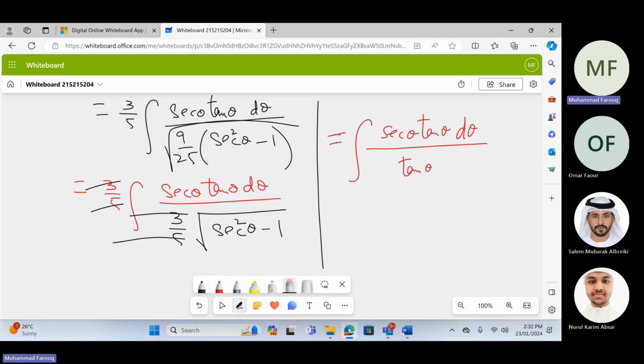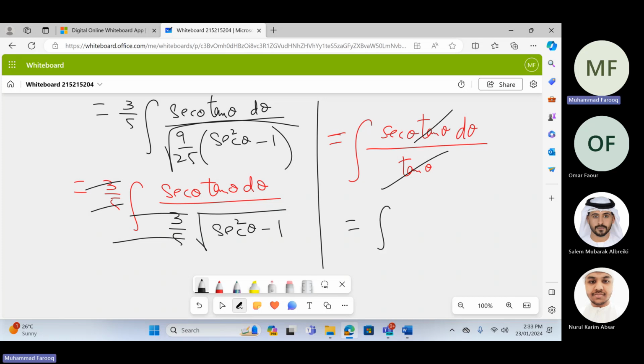Do you understand, please? Now, this is which function substitution? Secant. Where is theta in the secant case? All positive, so no problem. Just remove the absolute value, because it's in the first quadrant, 0 to pi by 2. Now cancel.